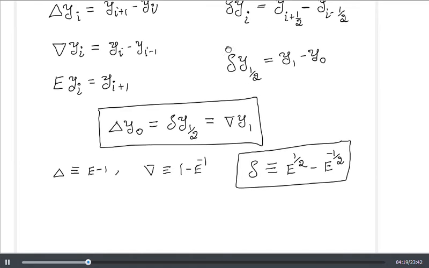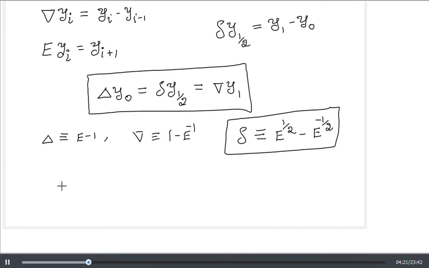In addition to the central difference operator, I would like to introduce one more operator, that is the average operator, mu. It is there in the name itself. The job of the average operator is, if you give it two values, it will take the average.